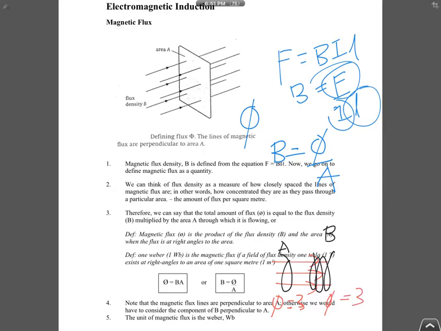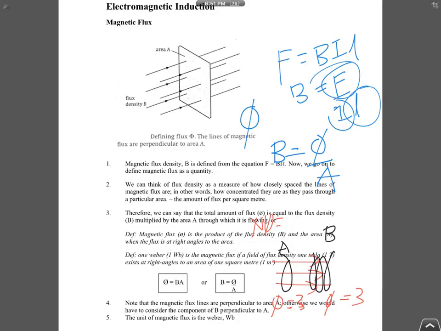But flux linkage is actually the number of flux in each turn added up together. So the formula for flux linkage is N phi, number of turns times the flux.